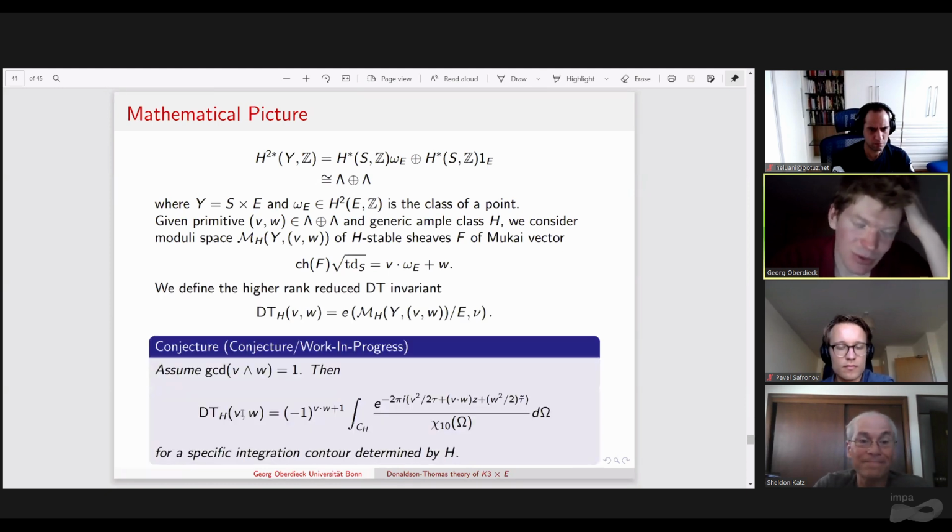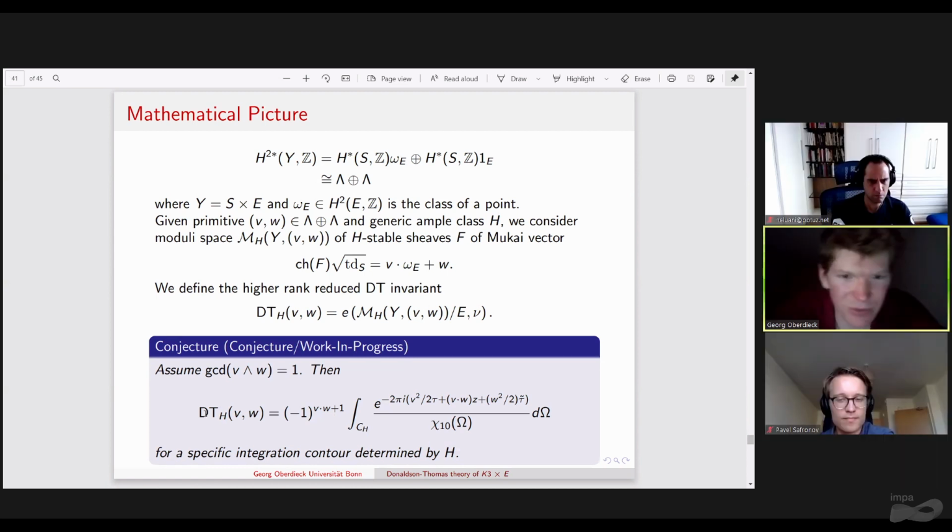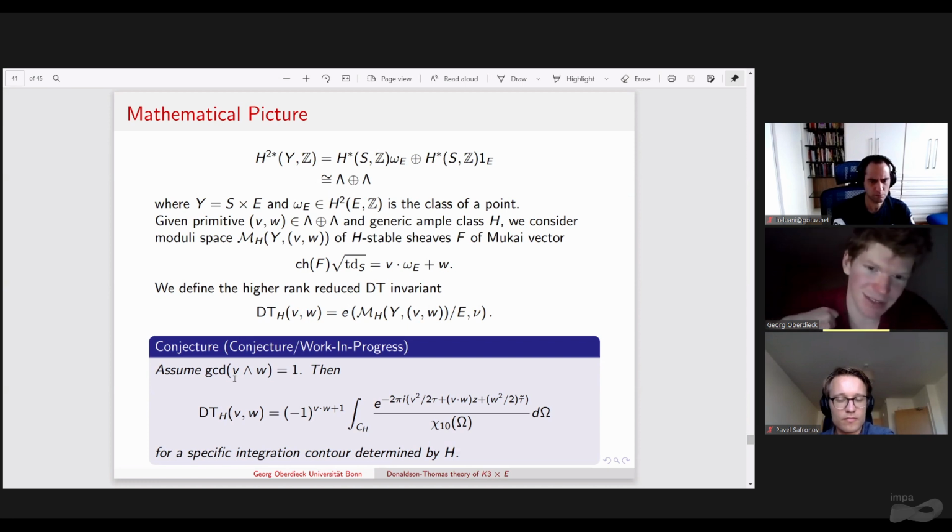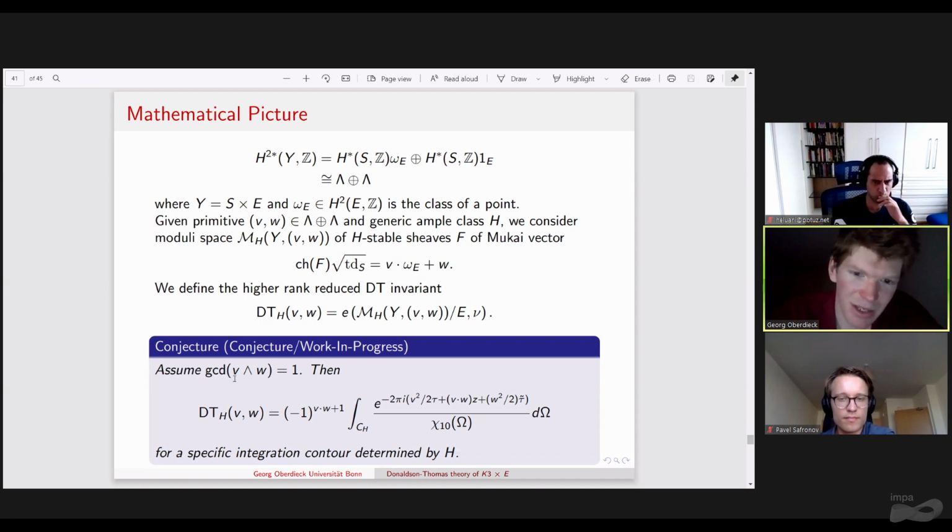After doing this K3 times elliptic curve case, the CHL case is really the next candidate. But at this point, I don't see a strong obstruction.